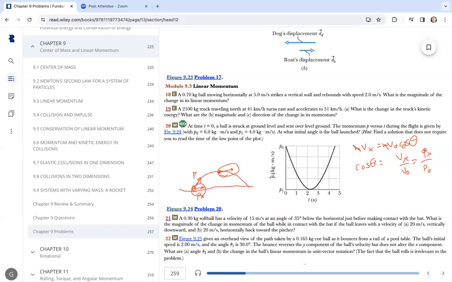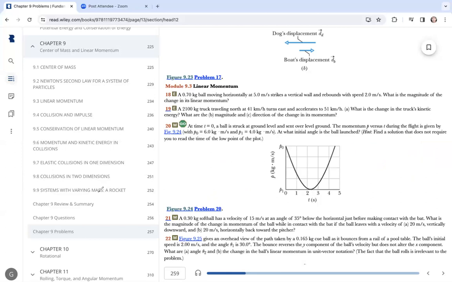So if we know this value right here, that is this value right there. So you should be able to figure out what the angle is by doing that.